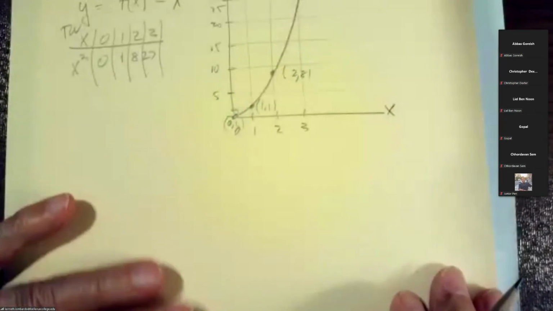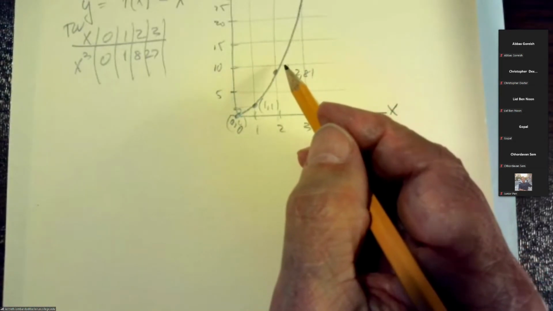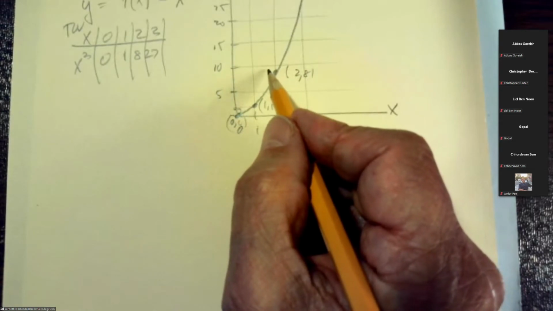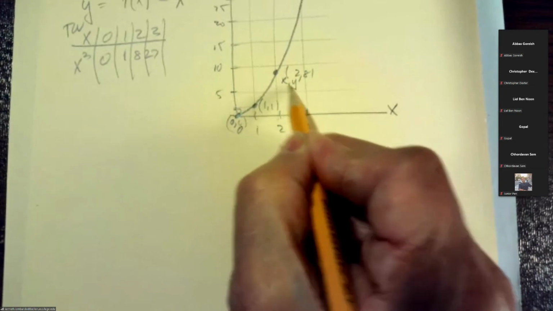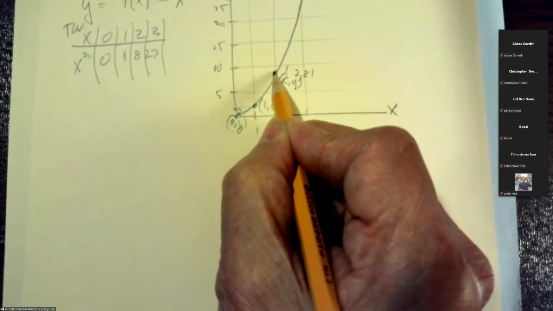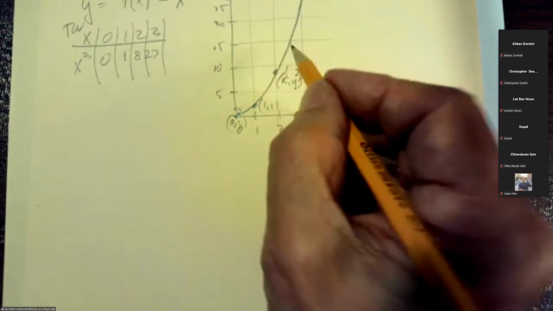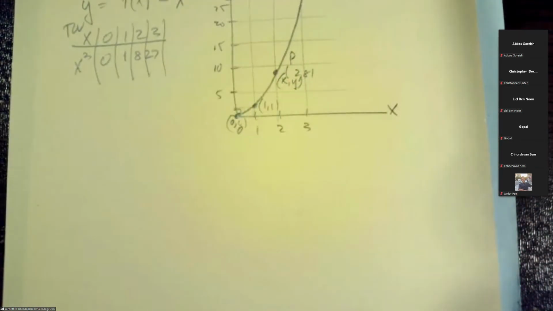And it continues. And if I say X, Y is some point on this curve, maybe this is the point X, Y right here. And I want to find the distance from this point P to the origin, which is here.